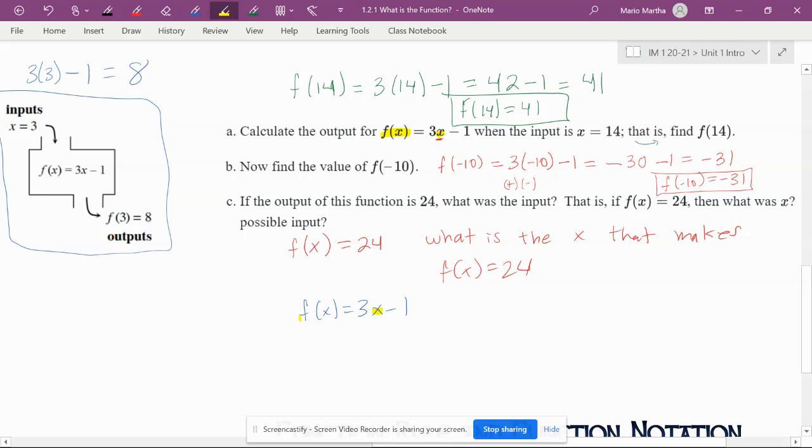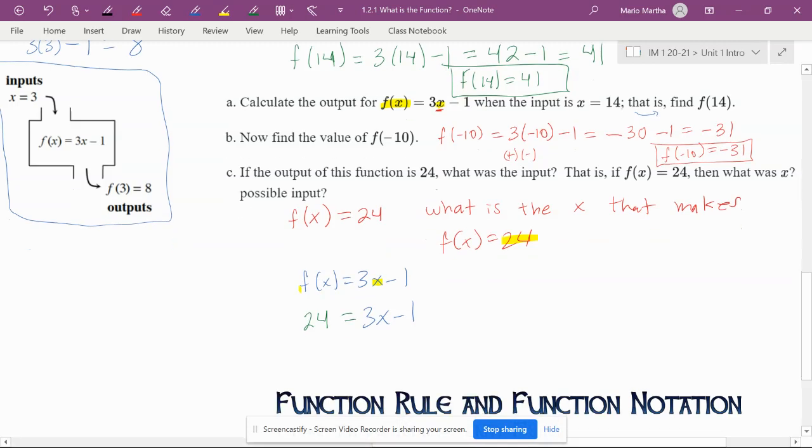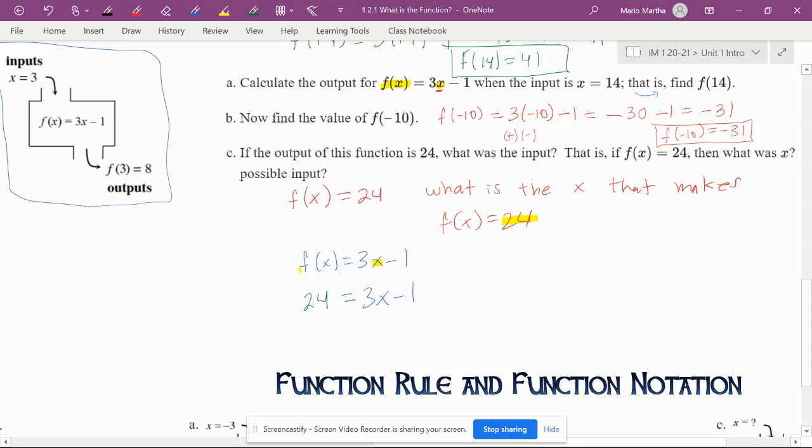So I know the output is 24. So I replace that, 24 equals, and then everything else stays the same, 3x minus 1, right? So we multiplied x times 3, and then we took away 1, and we got 24, all right?